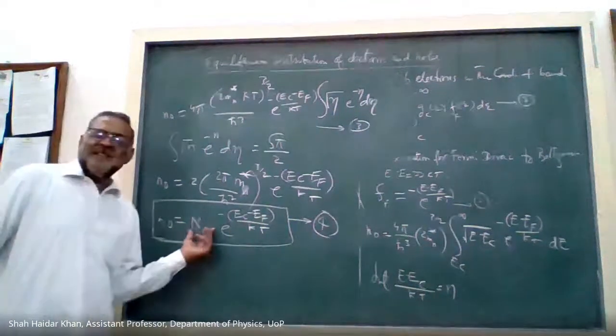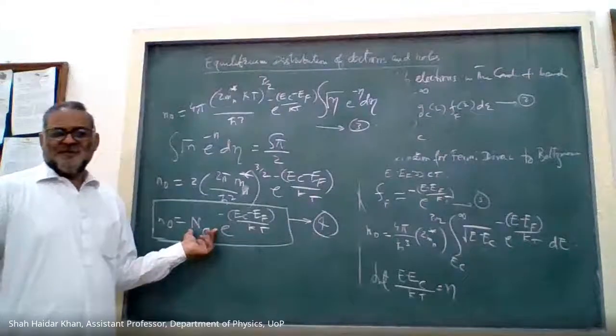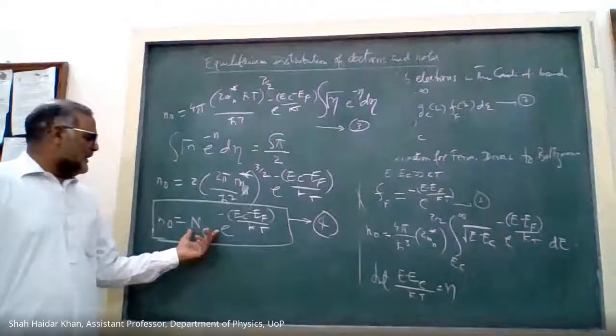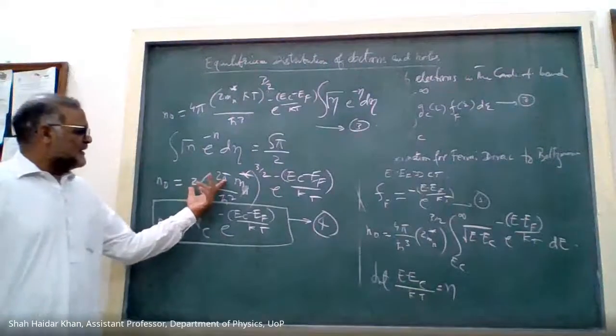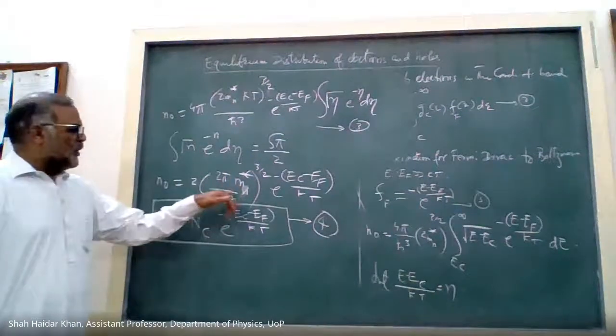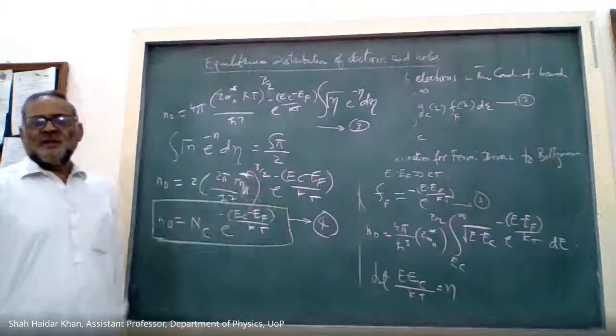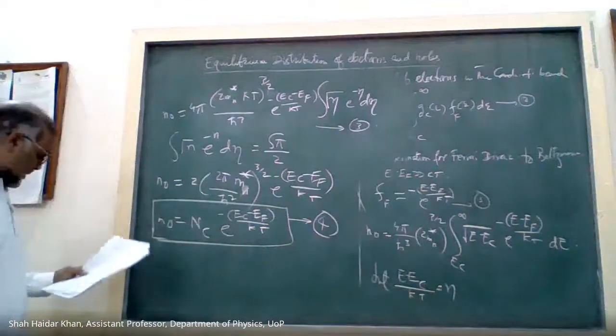And this is called the effective density of states, right? This is a constant which depends upon the effective mass of electrons, right?